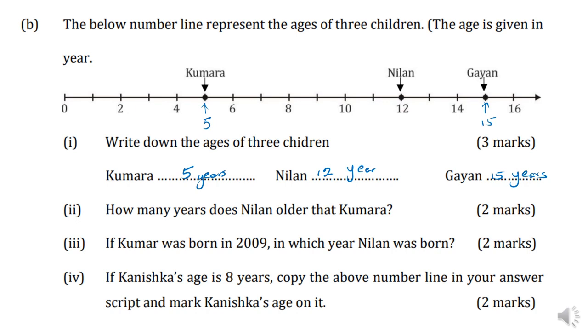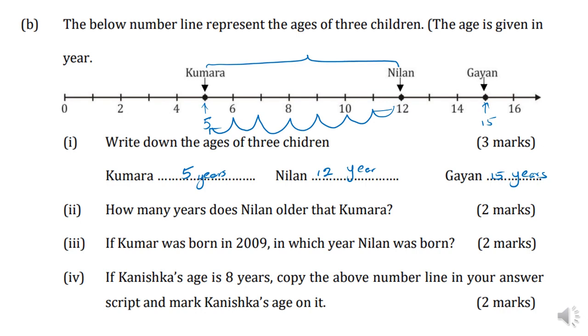Nalin, Kumar, right? So you have to find the gap between them. You see the gap clearly. You can do subtraction, 12 minus 5, or you can just count: 1, 2, 3, 4, 5, 6, 7.